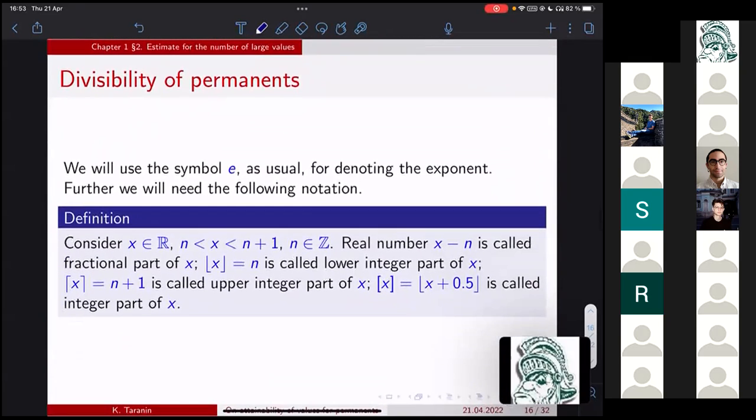To show these results, and actually to show the results about -1 matrices as well, I will need the following notation. I define the lower integer part of the number as the closest integer from below, the upper integer part as the closest integer from above, and the integer part as the closest integer. So it might be either from below or above, depending on which is closer.